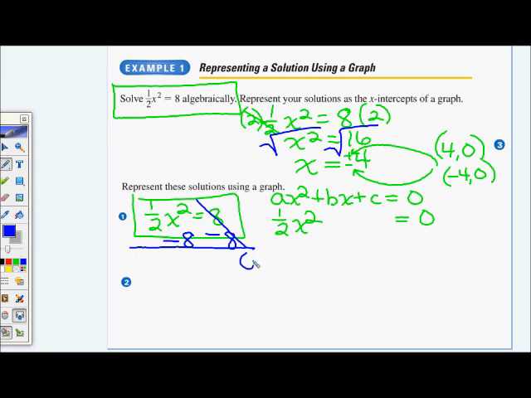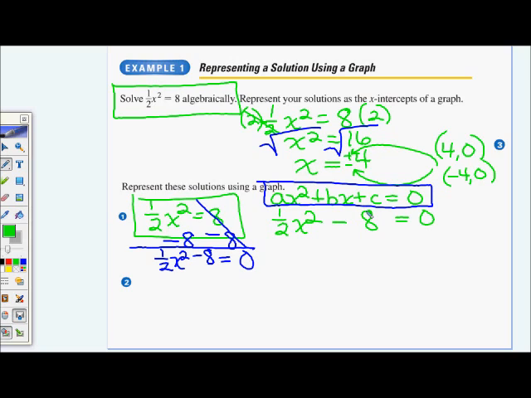When I do that, now I get it equaling 0 as my form says, and I get the 1/2 x squared minus 8. So I will finish my equation here again, 1/2 x squared minus 8 equals 0.